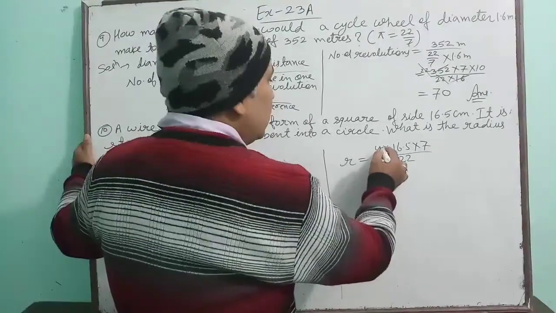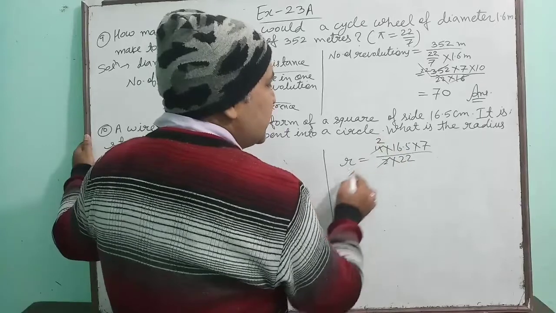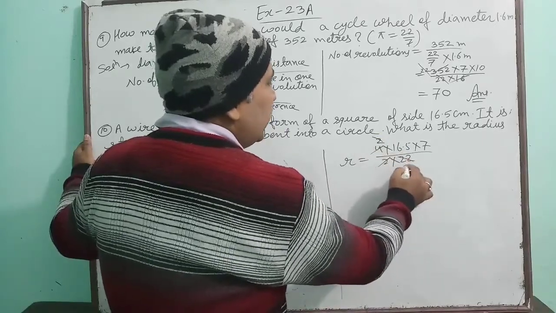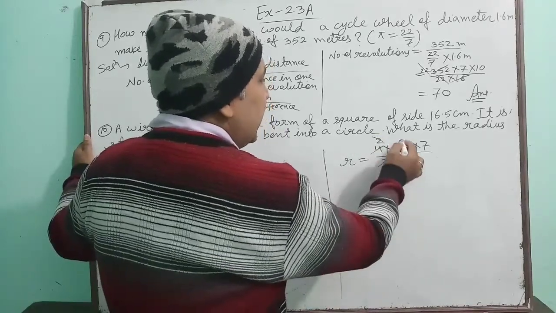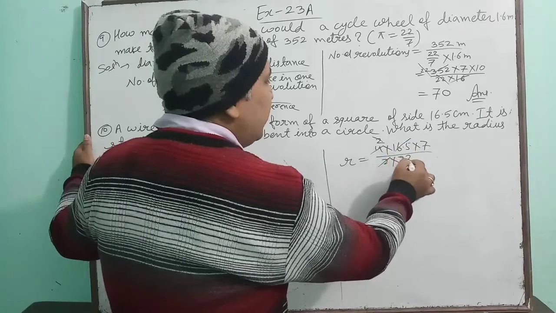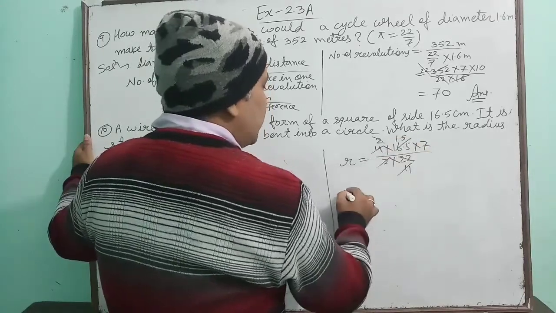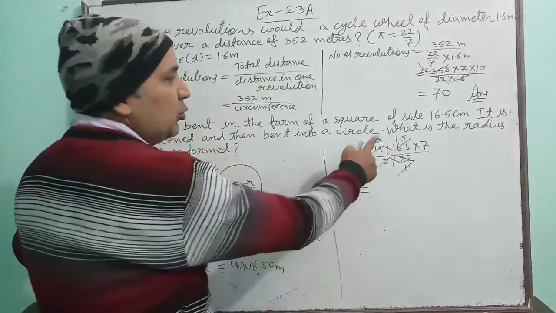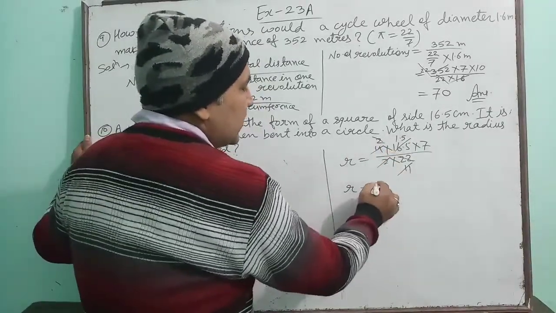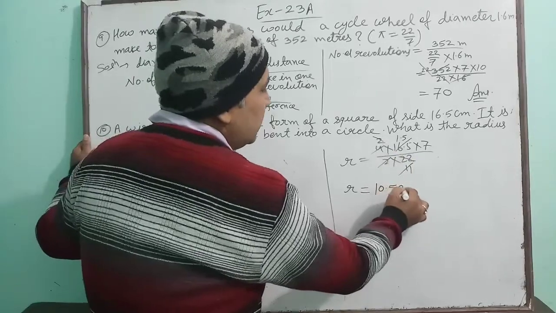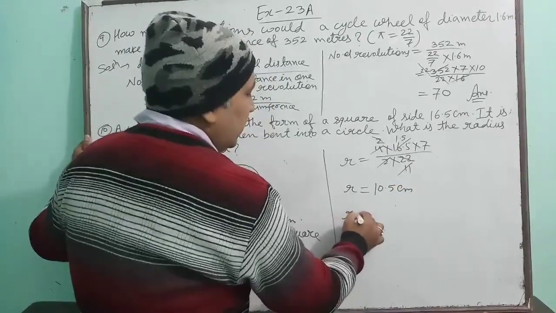Now 2 dividing 4 by 2 times, 2 dividing 22 by 11 times, 11 dividing 16.5 by 1.5 times. So radius is equal to 1.5 into 7, that means 10.5 centimeter.